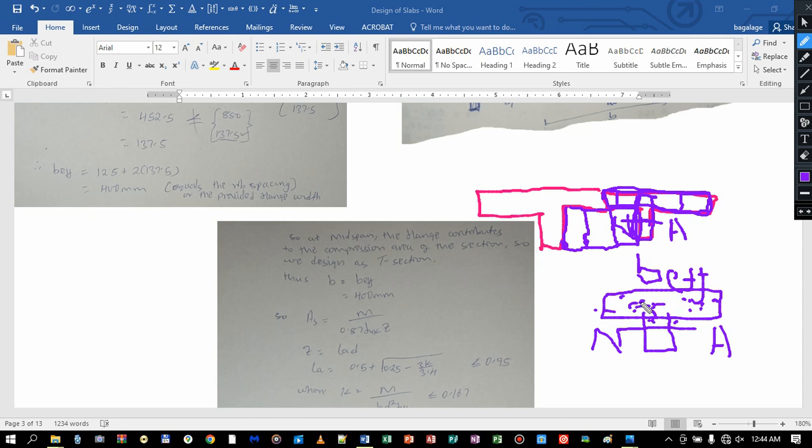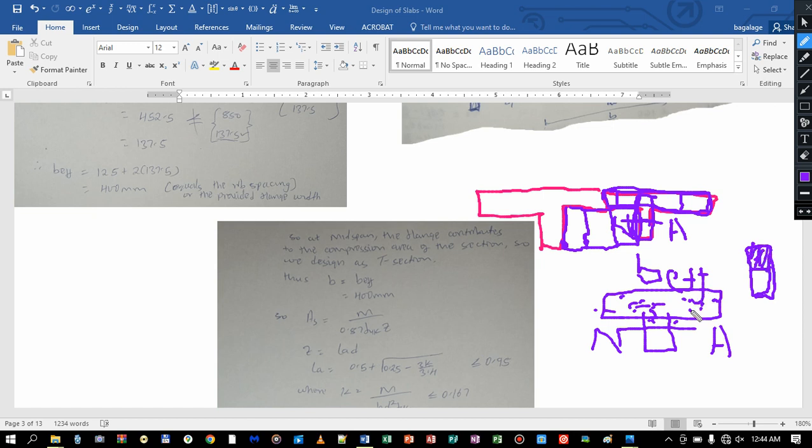So by designing the section in this manner, the section will be stronger than when it is designed as just a single rectangular section, whereby only this part provides the compressive strength.